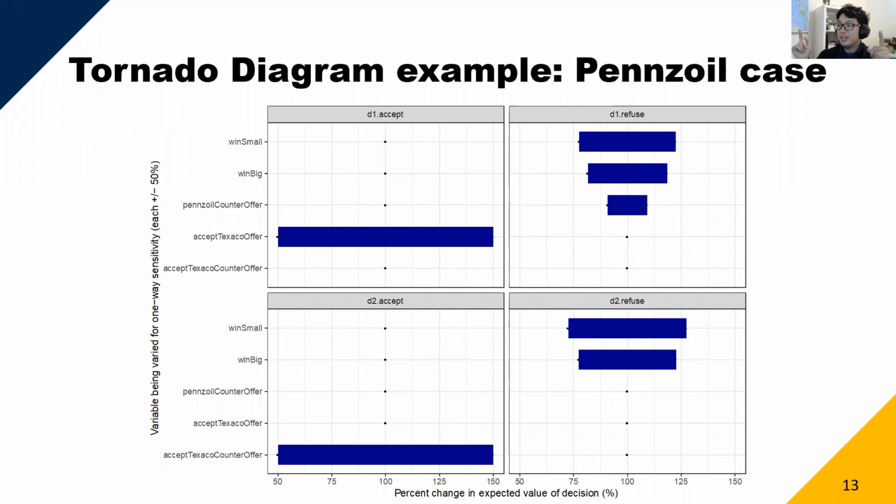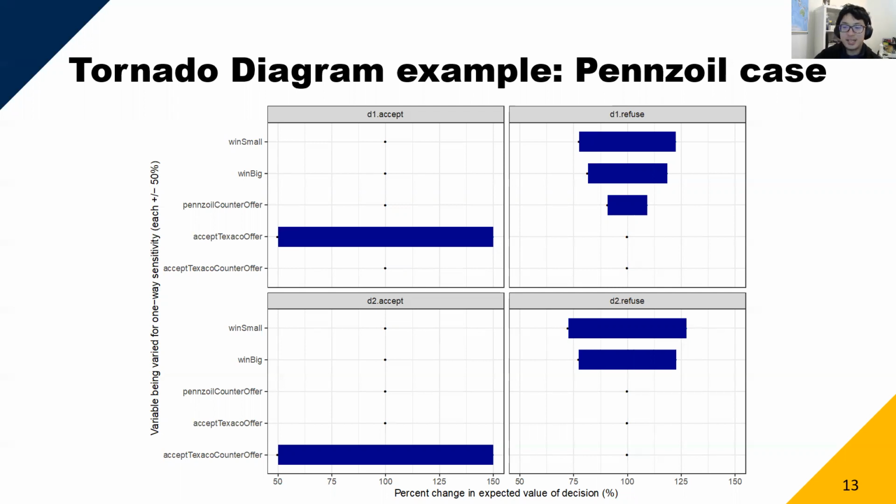And you can see, I can really easily see how the width of the bar tells me, if I change values of particular outcomes, which ones will have the biggest effect on your final value. And so these are the probabilities associated, or sorry, the outcome values associated with accepting the Texaco offer or accepting the Texaco counteroffer.